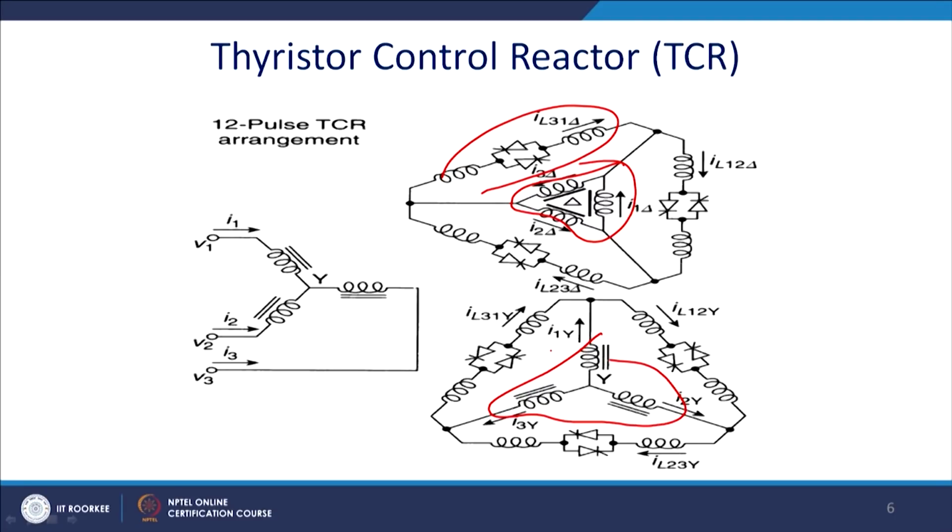You have studied the vector groups, and they will have a Dy11 or Dy1, some kind of vector group will be operating, and accordingly these will cancel out the third harmonic and multiples of the third harmonic, and essentially you are left with the other harmonics. So, this is the configuration of the 12 pulse TCR.